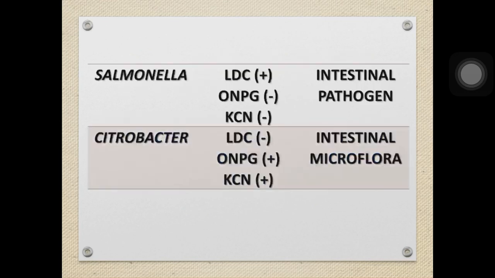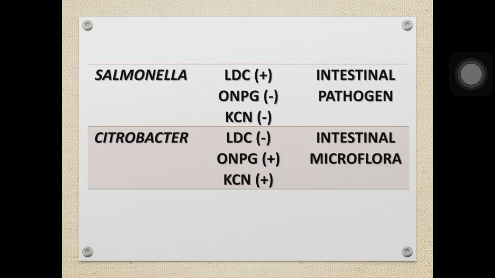Another, biochemically, Citrobacter may resemble Salmonella, but how will you differentiate Citrobacter from Salmonella, an intestinal pathogen? Unlike Citrobacter, yung mga Salmonella, they are positive for lysine decarboxylation, but ONPG negative because they are non-fermenter of lactose, not able to grow in the presence of potassium cyanide.